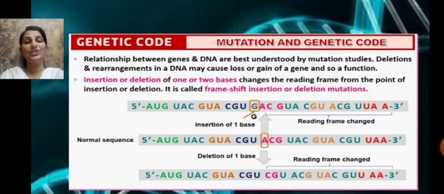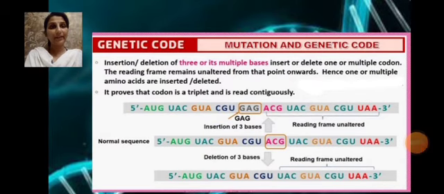So deletion or insertion of one or two bases can change the reading frame from where it has been inserted or where it has been deleted, and such mutations are called deletion mutations, or frame shift mutations. Whereas insertion or deletion of three or multiples of three bases, what will happen?